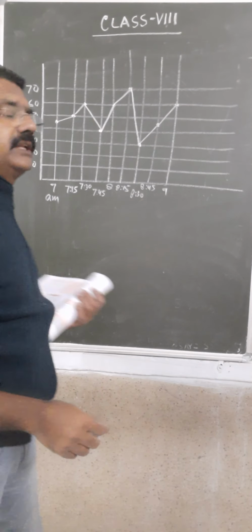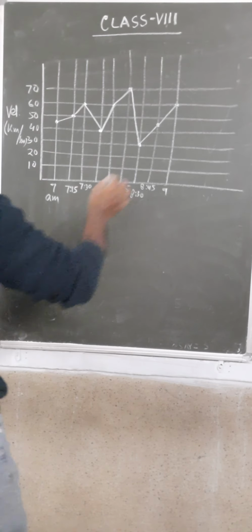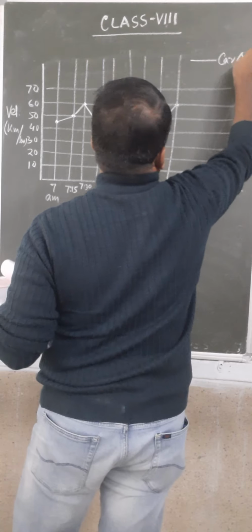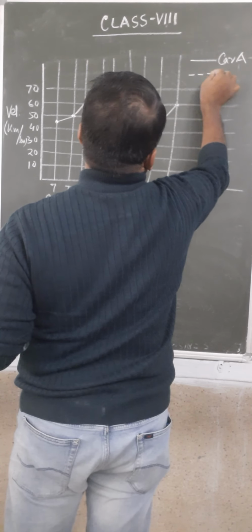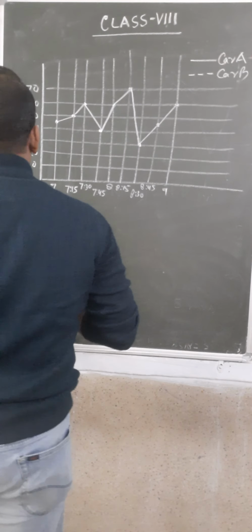So this continuous line is for car A. Continuous line is for car A, and the broken line is for car B. Now I am going to make the graph for that only.